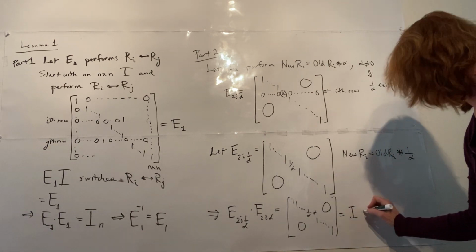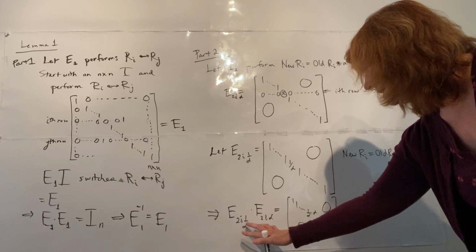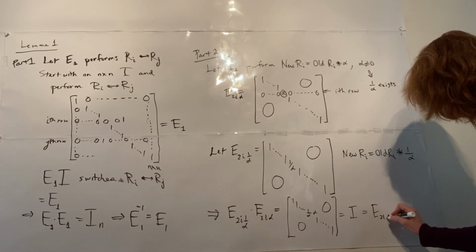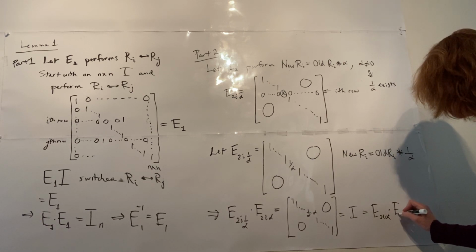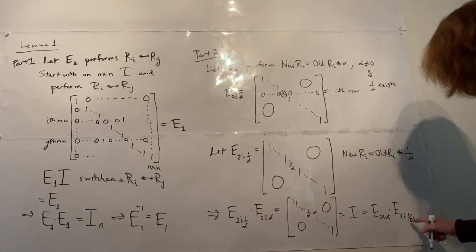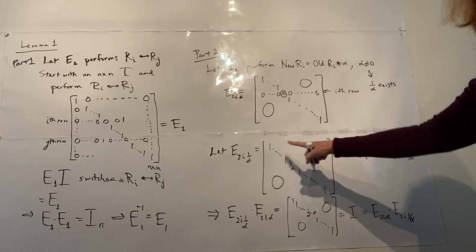Same thing is true if we took this multiplication in the different order. If we took E2 I alpha and multiplied it by E2 I 1 over alpha, this matrix would start out looking like this.